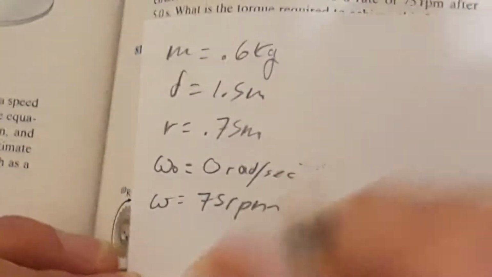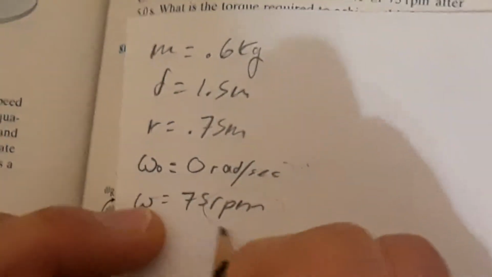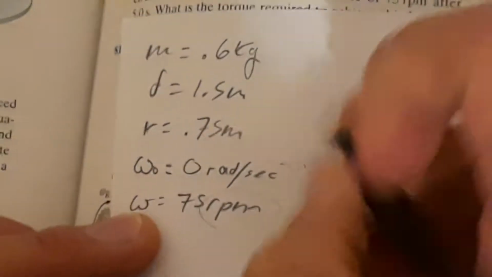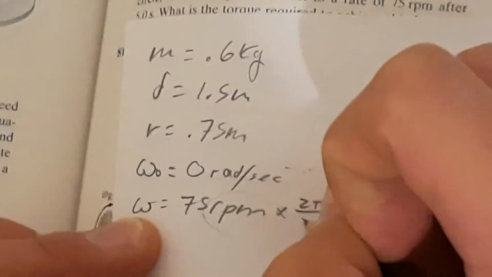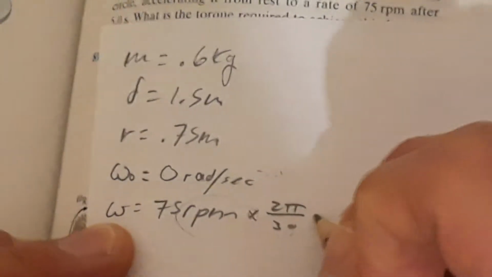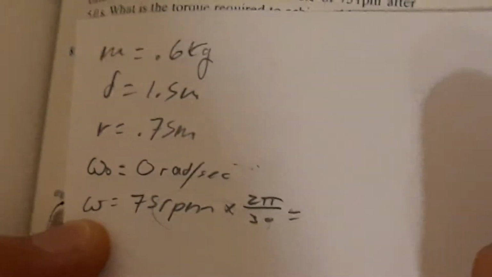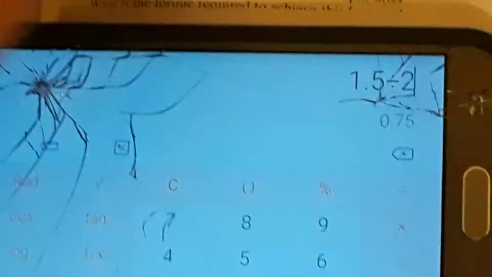Now, since we're working with radians per second, I need to change this to radians per second, and that's simple. You just need to multiply it times 2 pi over 30. Let's do it.